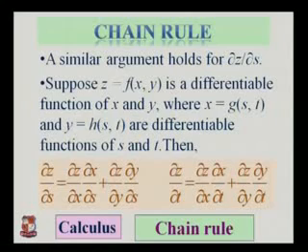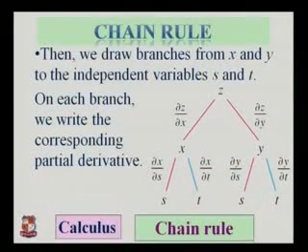Then we can say del z by del s is del z by del x into del x by del s plus del z by del y into del y by del s. Del z by del t is equal to del z by del x into del x by del t plus del z by del y into del y by del t. We can understand this rule easily by using this tree diagram.